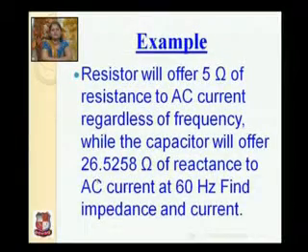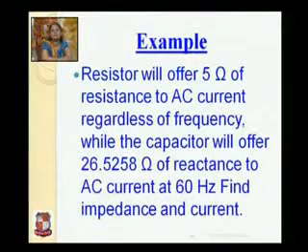Now one more example is there. Resistor will offer 5 ohm of resistance to AC current regardless of frequency, while the capacitor will offer 26.58 ohm of reactance to AC current at 60 Hz. Find the impedance and current. The value of resistance is given to you and capacitor in ohms is given, so it is XC.